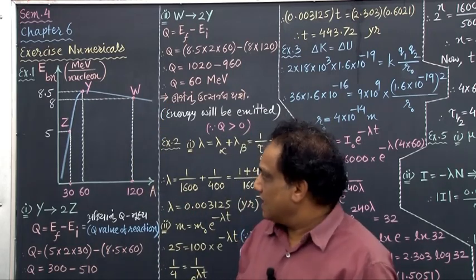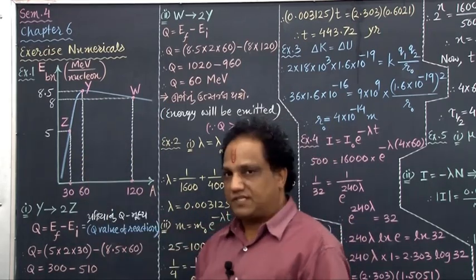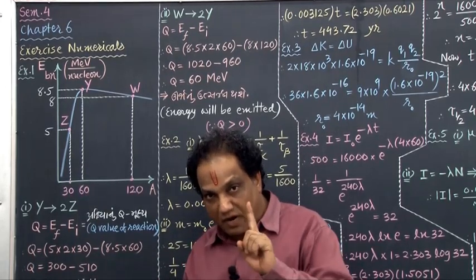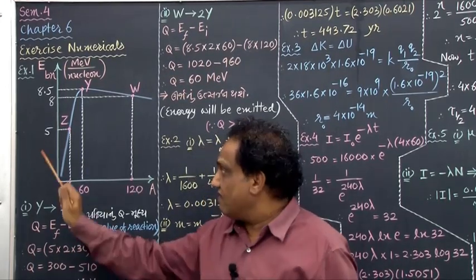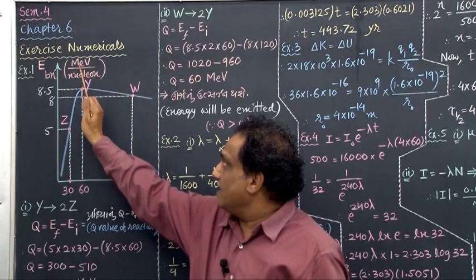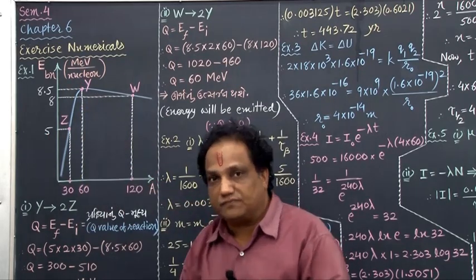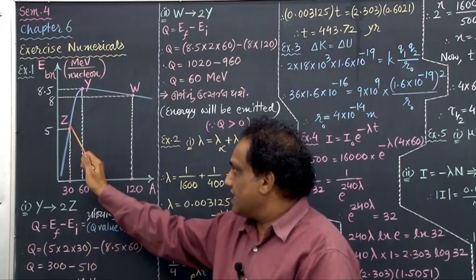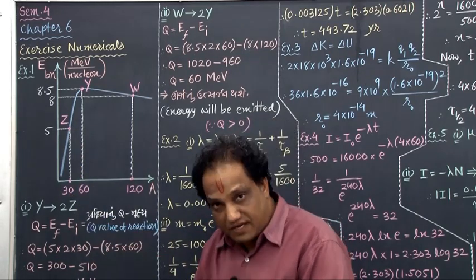Okay, fine. Now tell me, for Z nucleus, what is binding energy per one nucleon? They have given in the graph 5 million electron volt per nucleon. Correct? Its atomic mass number is 30.